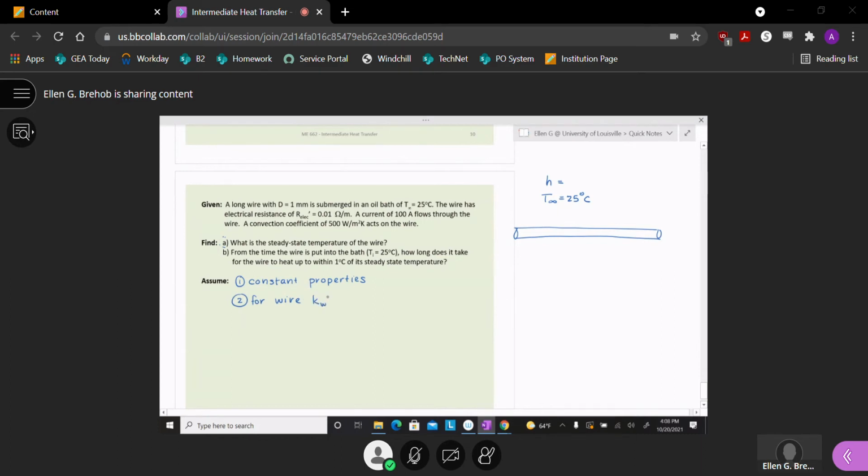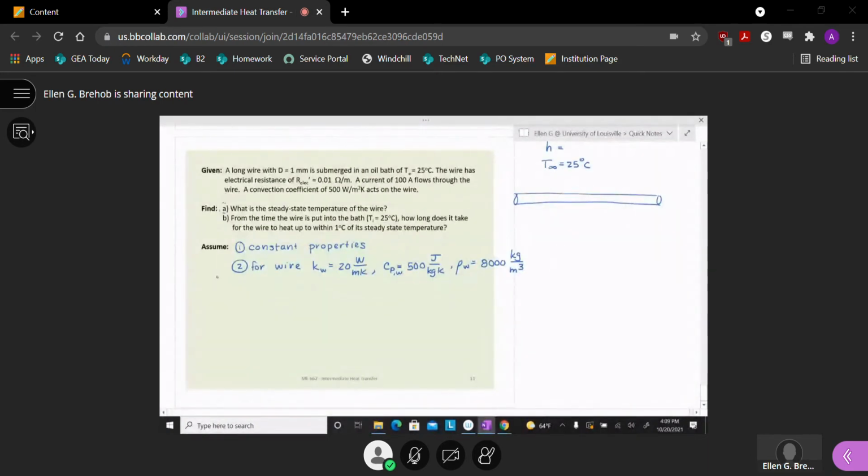So k of the wire is 220 watts per meter Kelvin, c sub p is 500 joules per kilogram K, and density. For lumped capacitance to be valid.